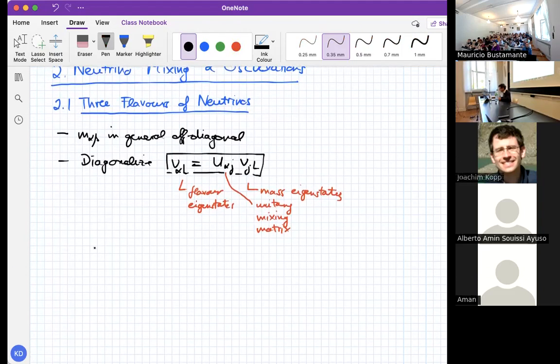The way this mixing matrix is defined is by the requirement that the mass matrix has to be diagonal. So for the case of a Majorana mass term, this means that U transpose times M times U is supposed to be a diagonal matrix with the 3 mass eigenvalues m1, m2, m3.